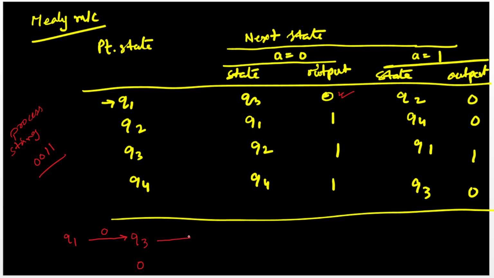Now if you are in q3 state, again your input is 0, then you will move to q2 state and your output is 1. Now if you are in q2 state and your input is 1, you will move to q4 state and the output is 0.